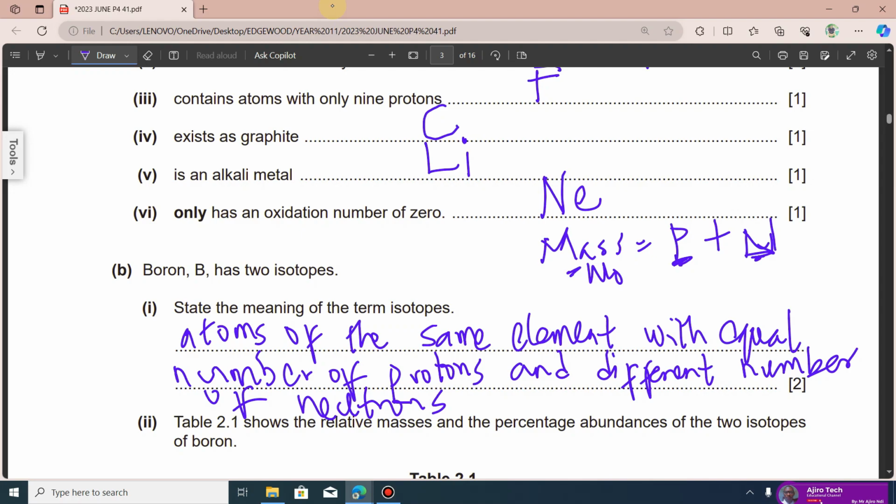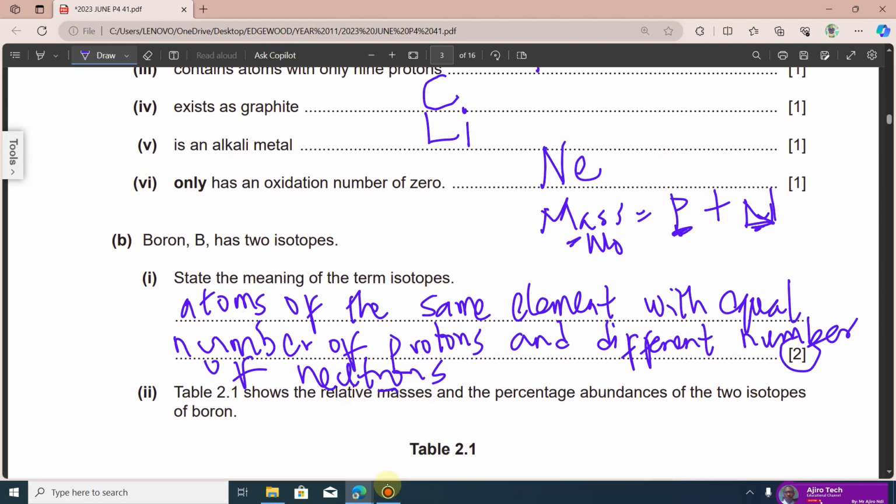So when you're asked to define isotopes, to get these 2 marks, you have to tell the examiner that the isotopes are simply atoms of the same element with equal number of protons. That is, their proton numbers are the same, but their mass numbers are different because they have different numbers of neutrons. So this will get you the 2 marks for this question.